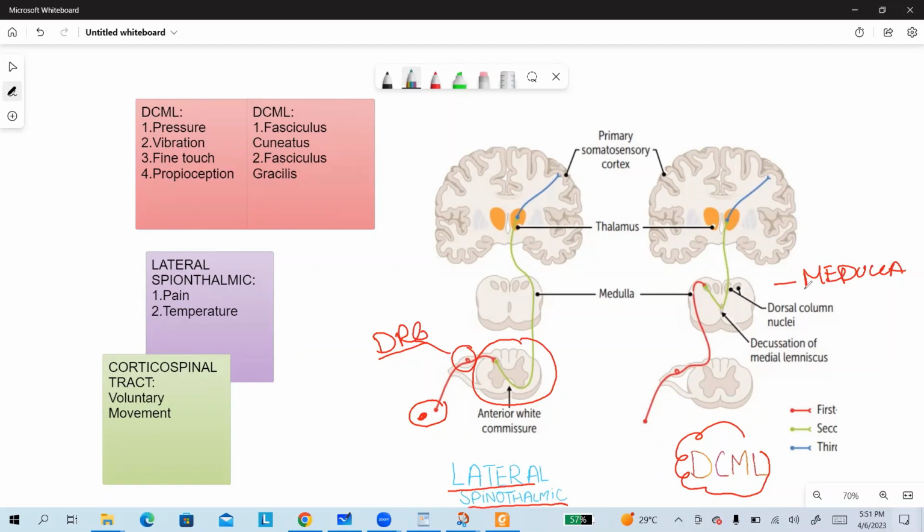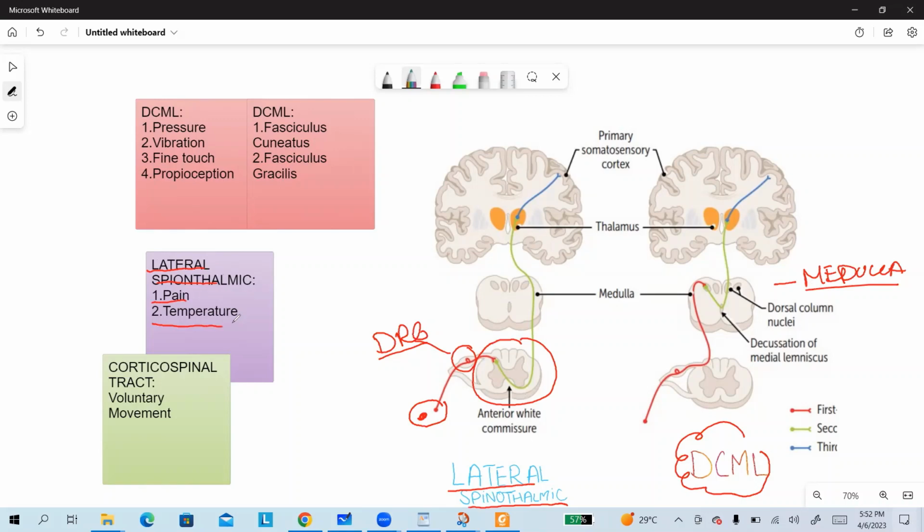The significance of this is that any damage at the level of the spinal cord will affect the sensation of the opposite side that is carried by the lateral spinothalamic tract, like pain and temperature.